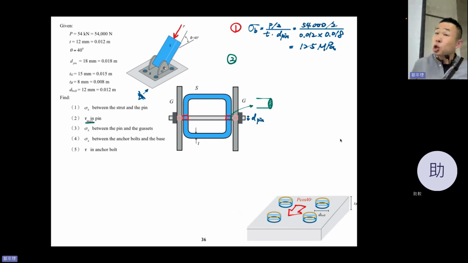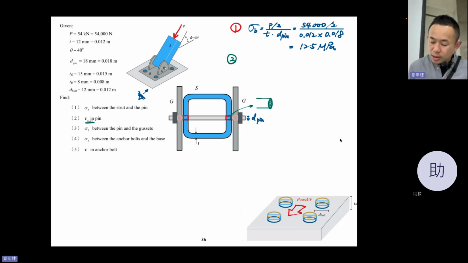If we look from this point, we can see the cross section like this, and then we can determine the bearing stress sigma between the strut and the pin. So the pin will stop the strut from going out of the monitor, toward the projector, in your direction.